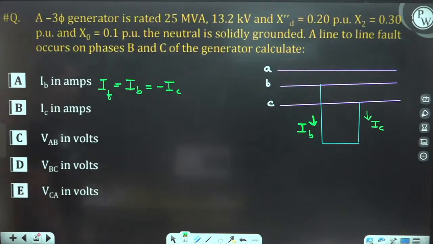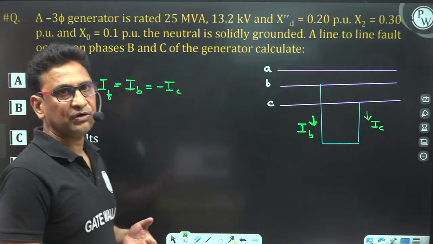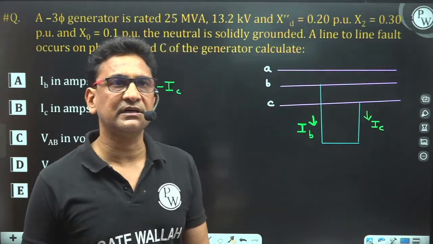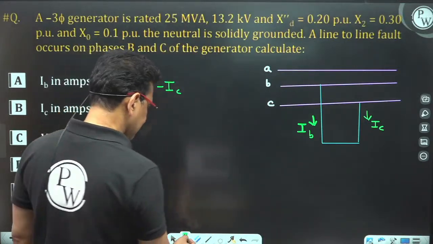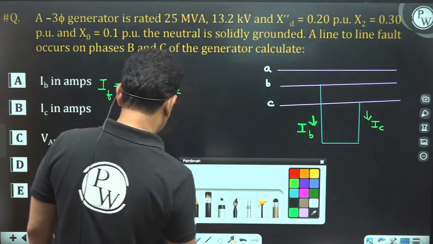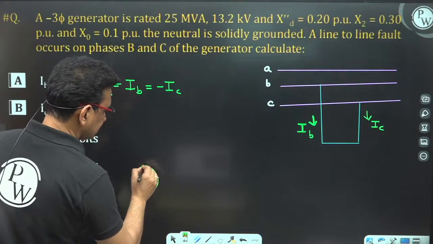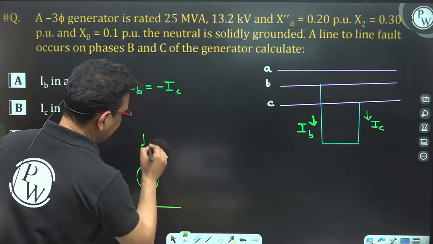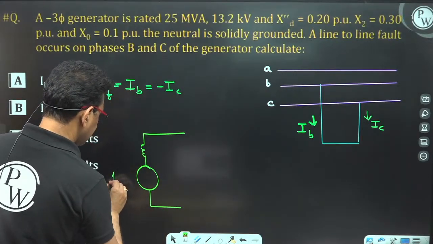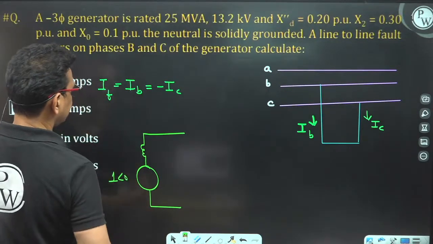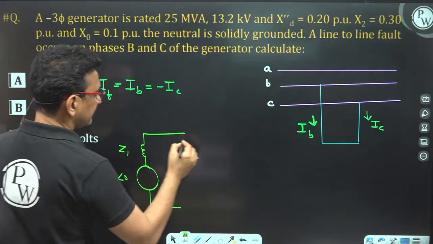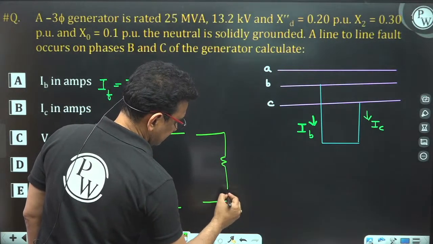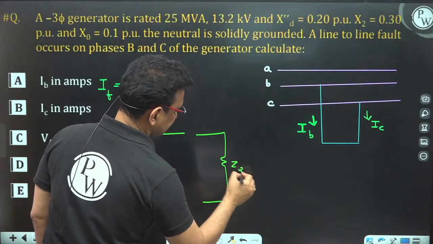And yesterday I told you, whenever a line to line fault occurs, the positive sequence and the negative sequence networks are connected in parallel. So if I draw the sequence networks at the time of line to line fault, this is 1 angle 0 degree, then Z1, and there is the negative sequence network Z2.